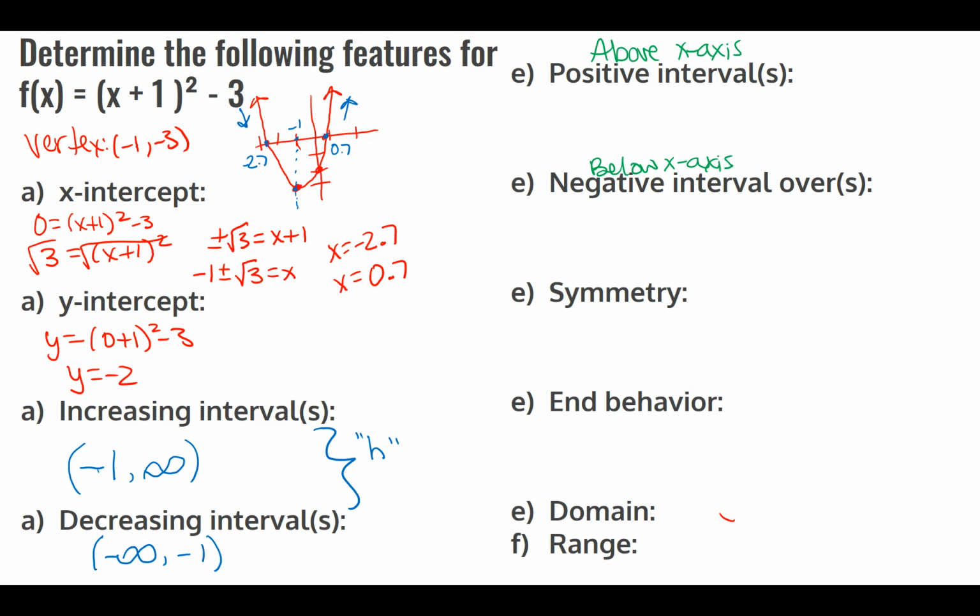So looking, what pieces are above the x-axis? I see 2 of them. Do you see 2 of them? If I was walking across this parabola, this is all above the x-axis until I reach this point, right? That is above. And then I dip down, but then starting at 0.7, I'm back above again.